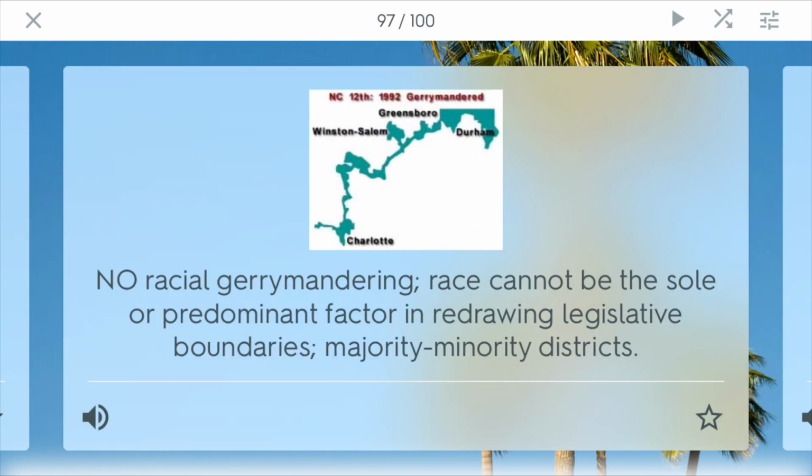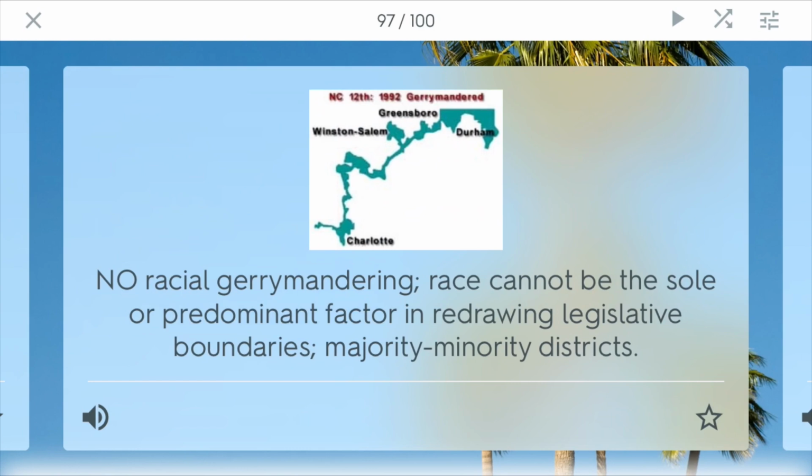Shaw versus Reno, 1993. This occurred in North Carolina. There were two weirdly shaped, primarily African American districts, and they were drawn this way. However, this court decision said that racial gerrymandering was no longer allowed, and that race cannot be the sole or predominant factor in redrawing legislative boundaries.